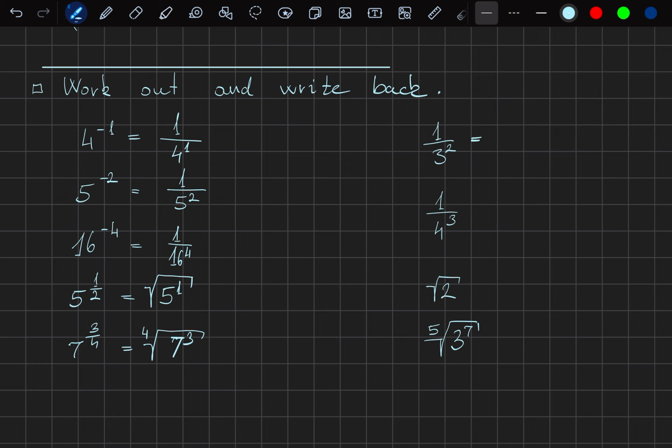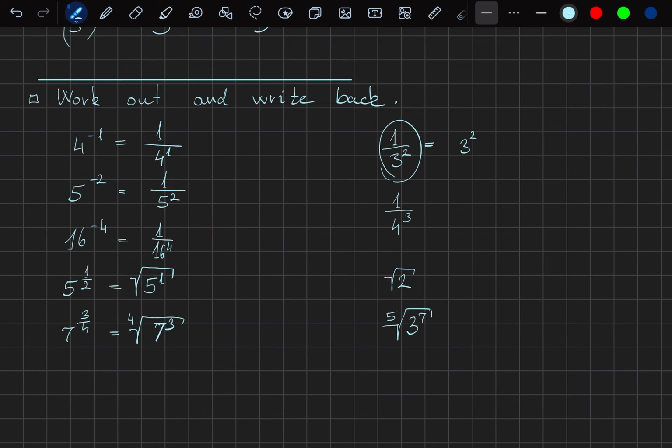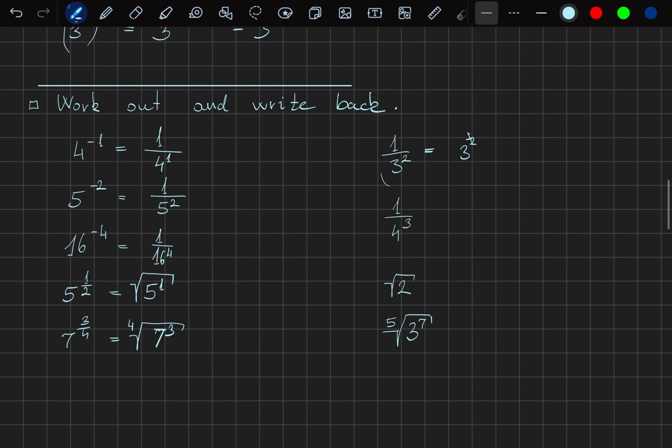Okay, and we will write back. We can see it's 3 to the power 2, and this is a reciprocal, so it will be minus 2. Sorry, I will just clean. Minus 2.